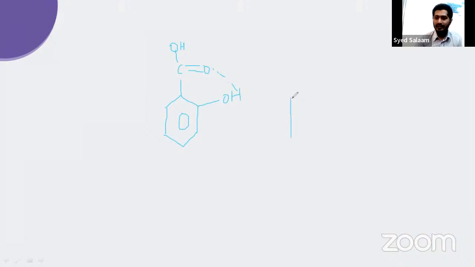If I take another derivative, instead of ortho-hydroxy, if I take para-hydroxy, that won't be effective.